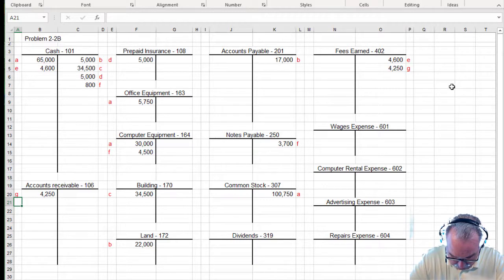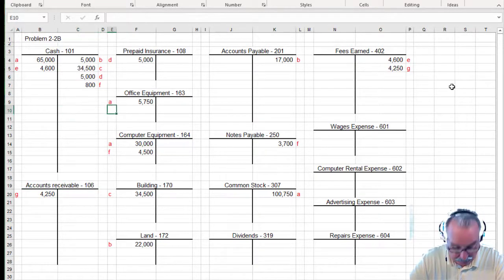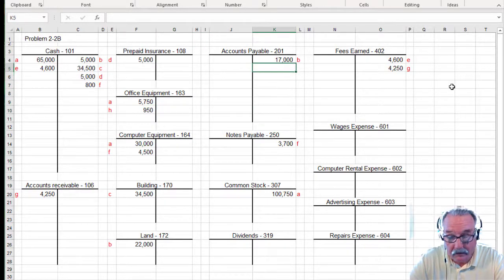Transaction H, we bought some office equipment on account for $950. Debit office equipment, $950. This is H. And credit accounts payable, $950.